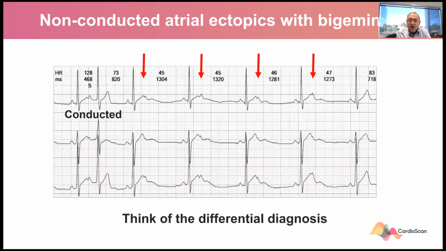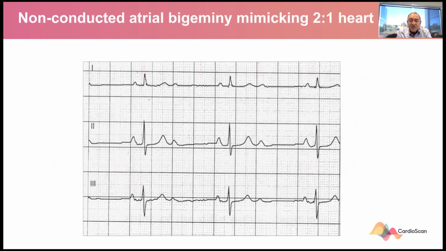Think of a differential diagnosis, because now we have a sudden pause, and we can have something like this, where we can see here what looks like and what most people would call 2-to-1 AV block. But is it? 780 milliseconds is the distance from the sinus P wave to the ectopic, and 860 to the next sinus.